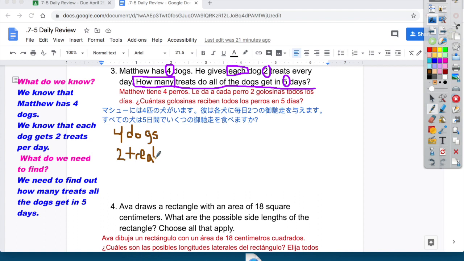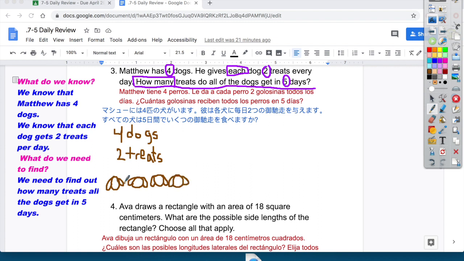So we can go about this different ways. If you had a problem and you didn't understand how to solve it, you could have drawn a picture. You could have drawn 1 dog, 2 dogs, 3 dogs, 4 dogs.